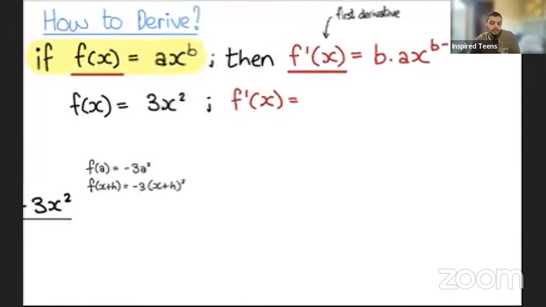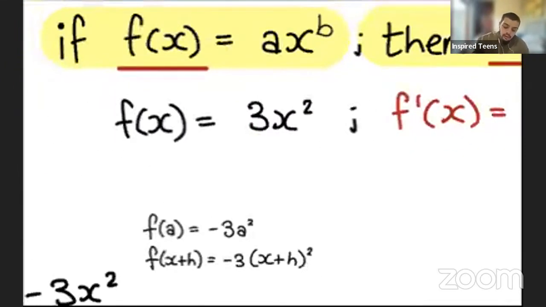If f of x is equal to ax to the power of b, then the first derivative is equal to b times a times x to the power of b minus 1. So what we do, if we look at this example here, f of x is equal to 3x squared.